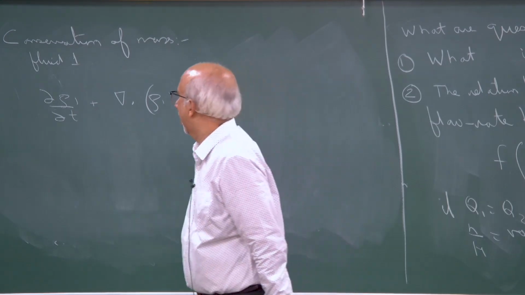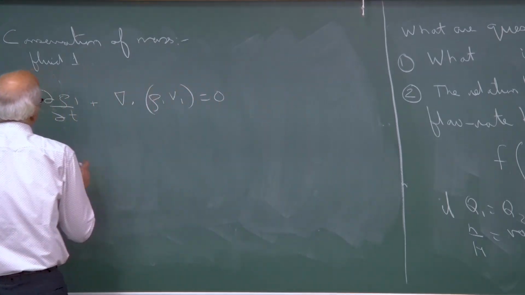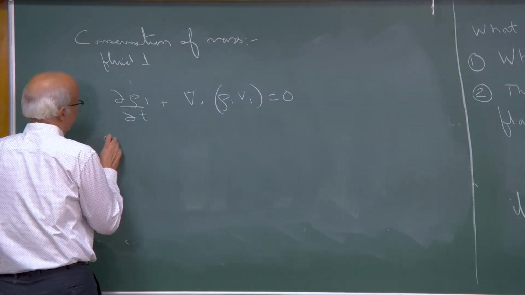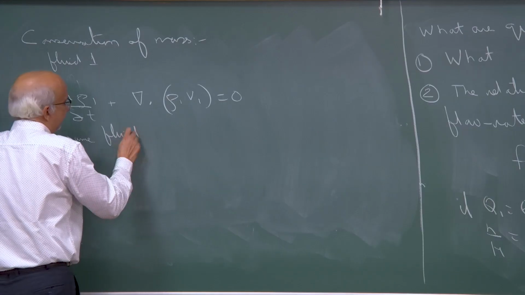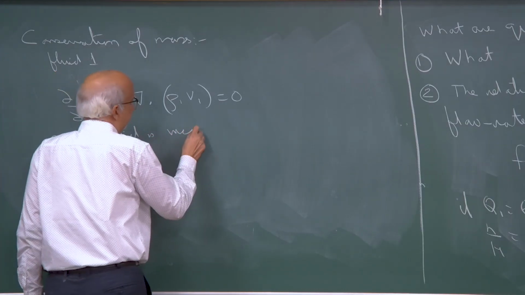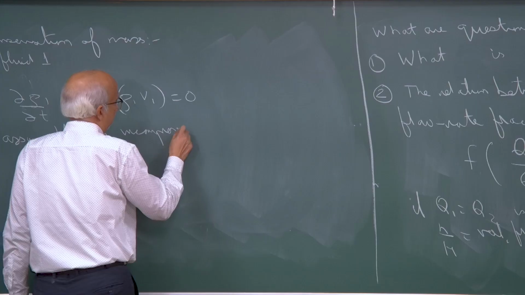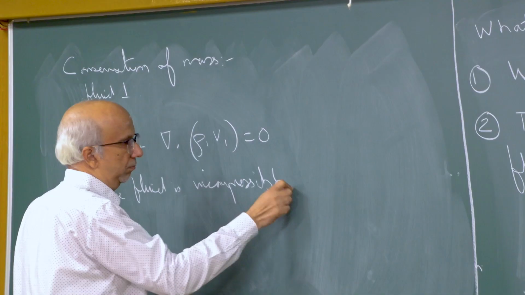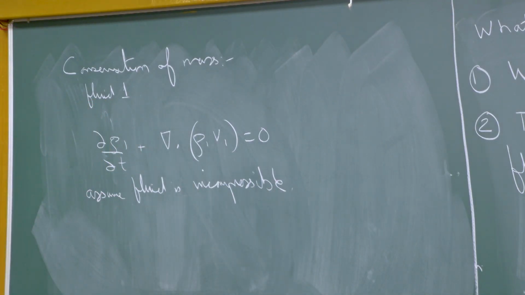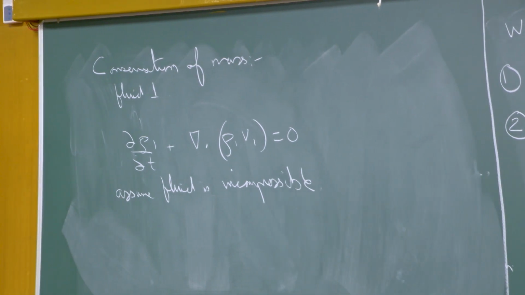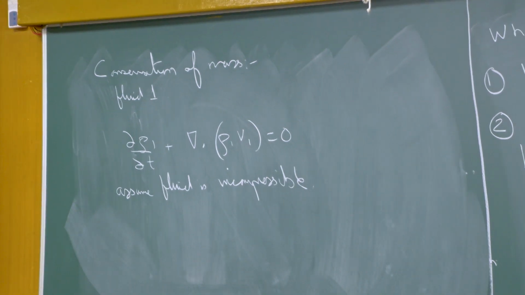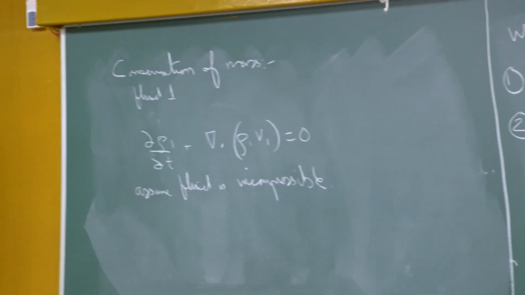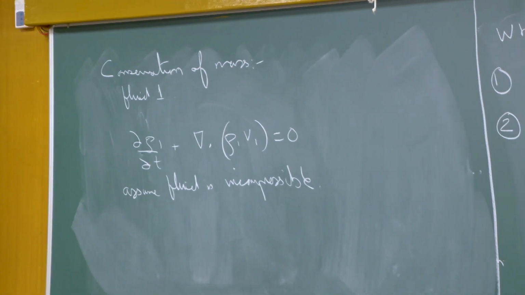And I am going to assume my fluid is incompressible. That is a reasonable assumption, which means the density does not change. So, if the density does not change, I can assume rho 1 does not depend upon x, y, z and t.